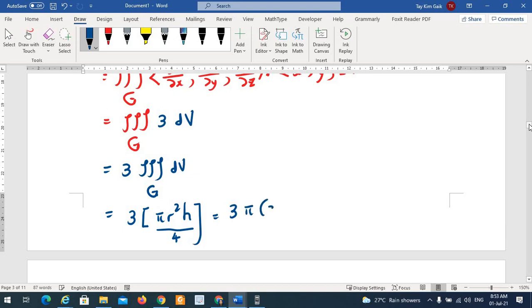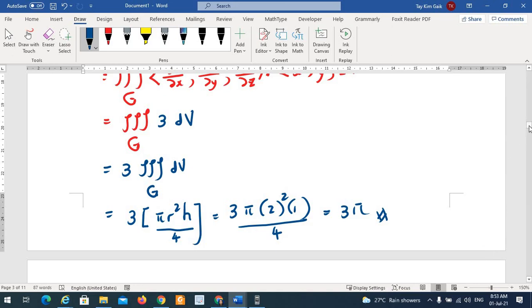The radius is 2, the height is 1, so divide by 4. That's why the answer you have here is 3 pi. This is without using a triple integral, because we know this notation stands for the volume of your solid G, which is a cylinder in the first octant, so it's 1/4 only. So you get 3 pi.